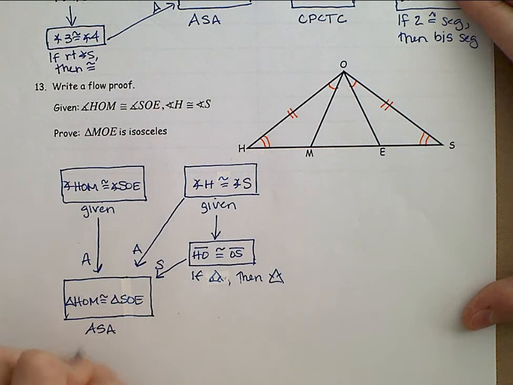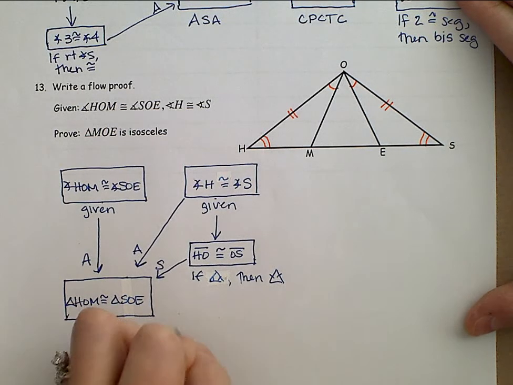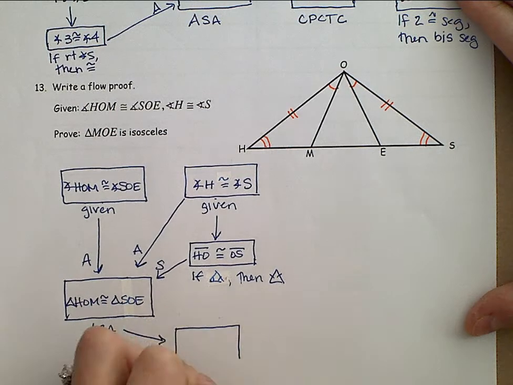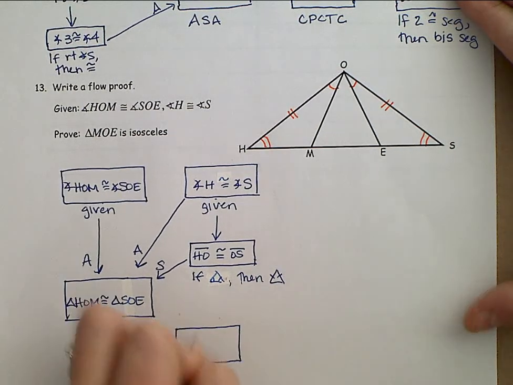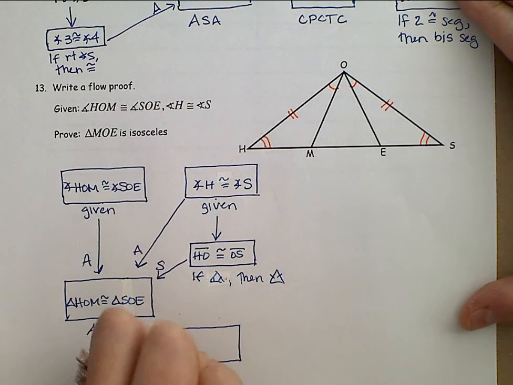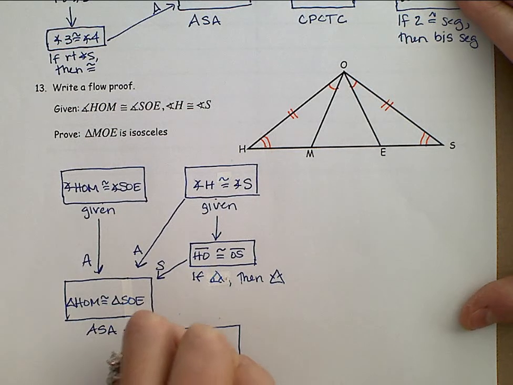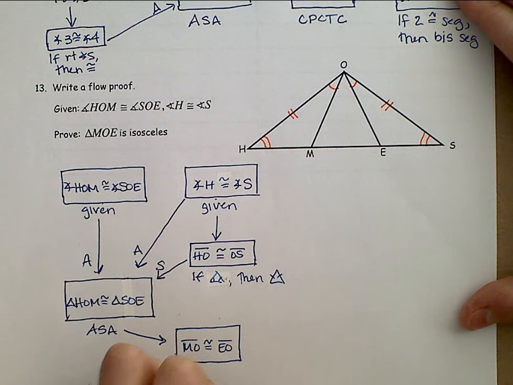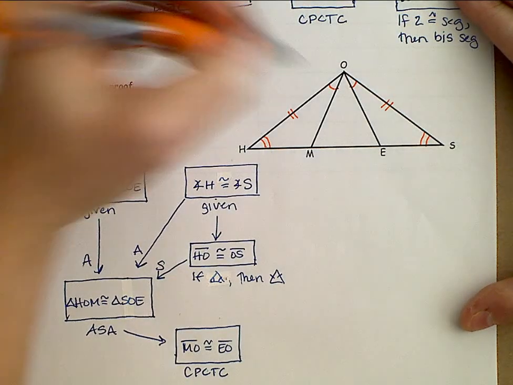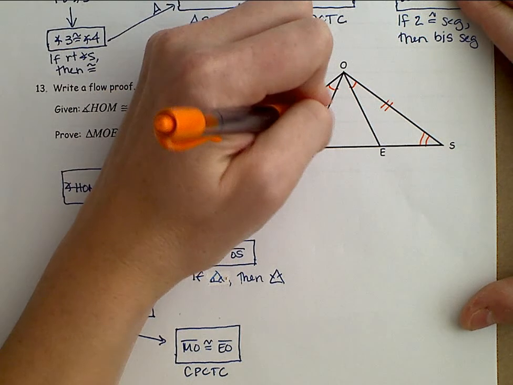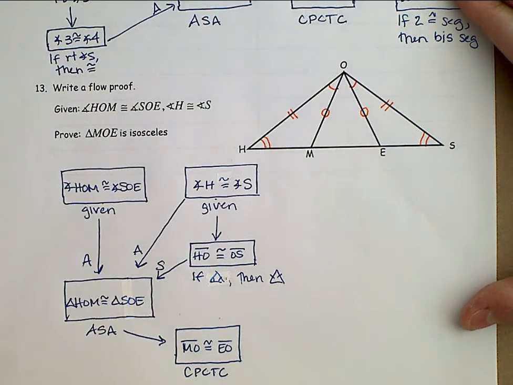So right underneath, I'm going to kind of come over this way. Segment MO is congruent to segment EO by CPCTC. Mark in your diagram that those two segments are congruent.